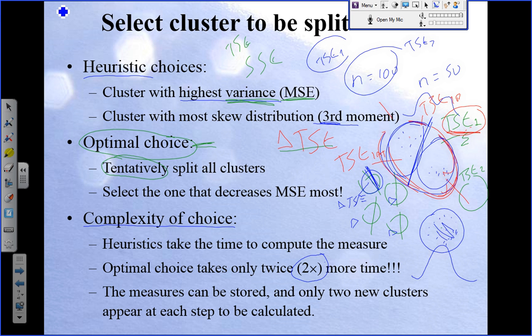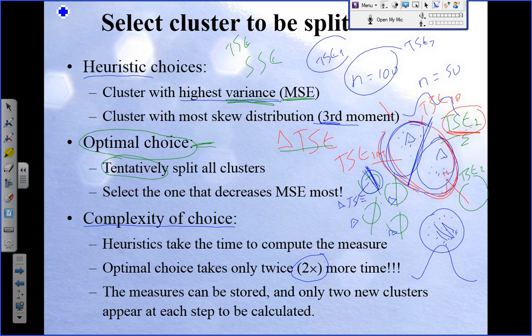So what do we do next? We need to decide which cluster to split next. So how to do it? Compare all of these delta values of these clusters. Aha, but we already have them. I stored them. This we don't have, and this we don't have. So I need to calculate two more splits. I need to update this.